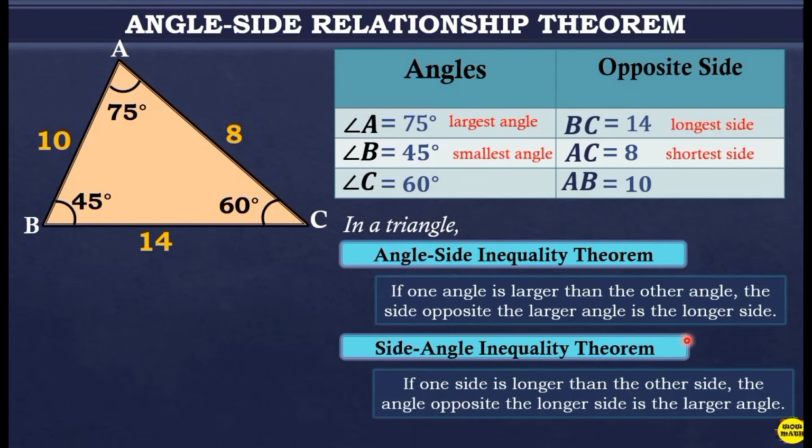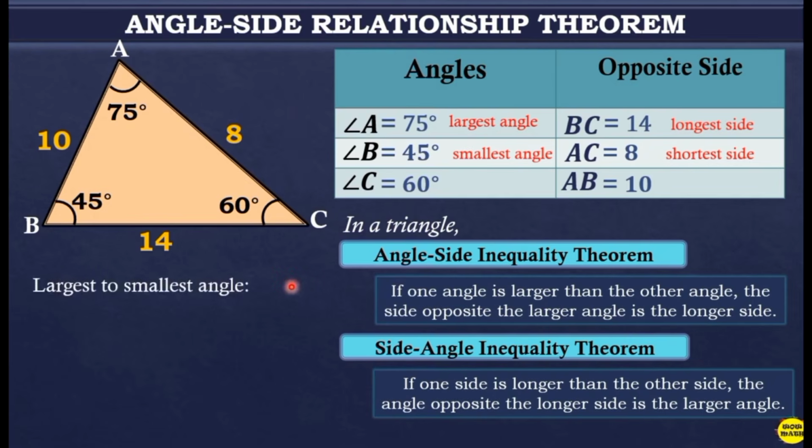And we also have the side angle inequality theorem, where if one side is longer than the other side, then the angle opposite the longer side is the larger angle. So, we are now applying the angle side inequality theorem and the side angle inequality theorem, which is the angle side relationship theorem.